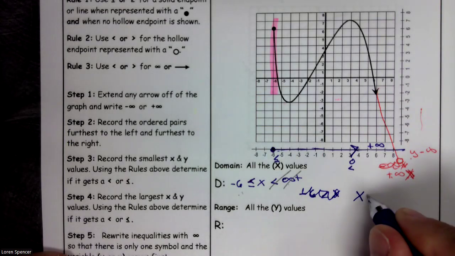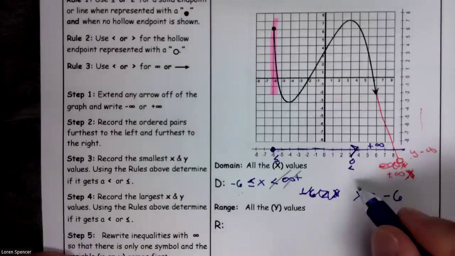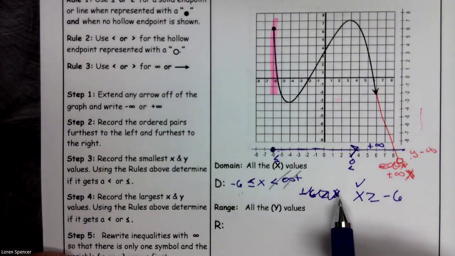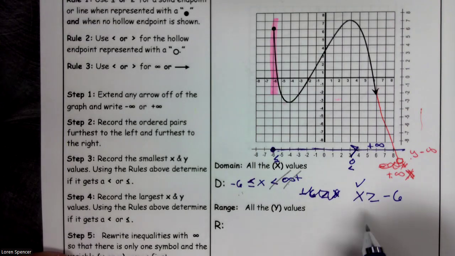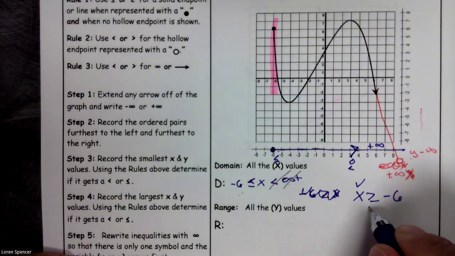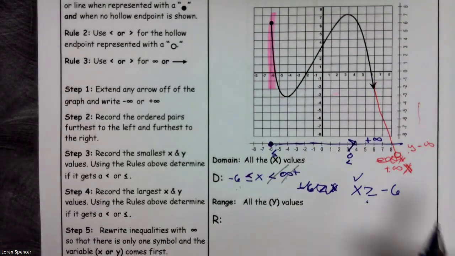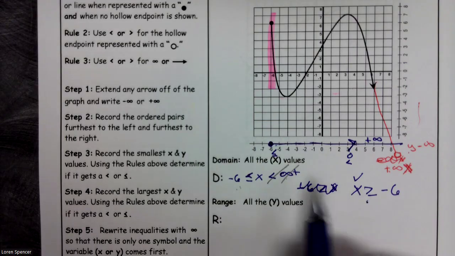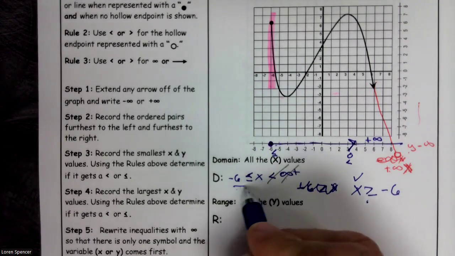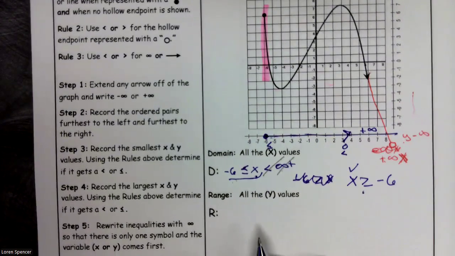Sorry about that. x is greater than or equal to -6, because we want the variable on the left. We flip the entire equation, and that also means we have to flip the sign. Make sure you're flipping the sign. We only have to do it if the variable is not on the left. Here the variable was on the right, so I have to flip the whole thing.